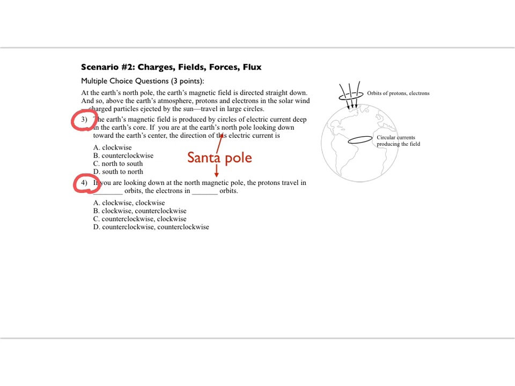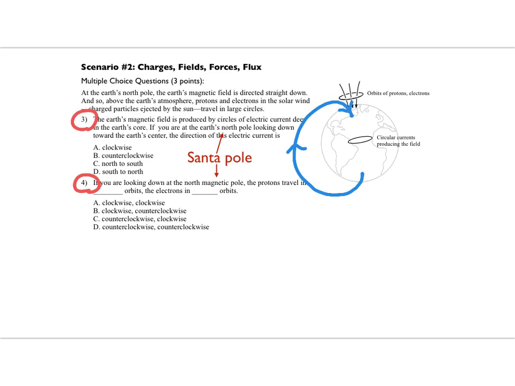Okay, so the first question is this. The Earth's magnetic field is produced by circles of electric current deep in the Earth's core. If you're at the Earth's north pole, the Santa pole, looking down towards the Earth's center, what is the direction of the electric current? Well, the magnetic field of the Earth goes from the penguin pole up to the Santa pole, like so. We know that's true.